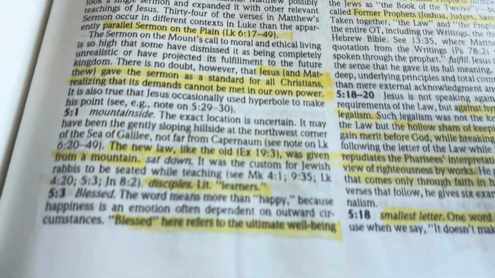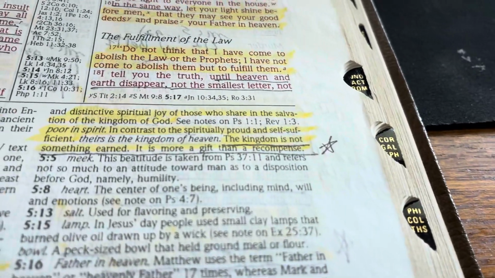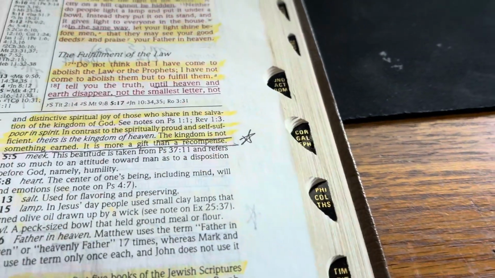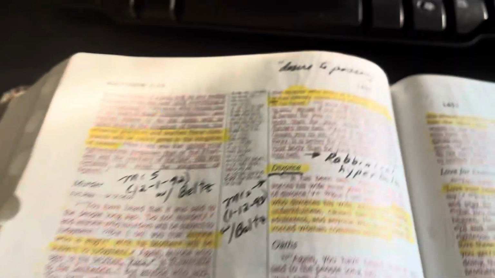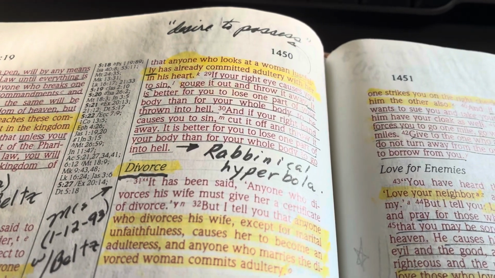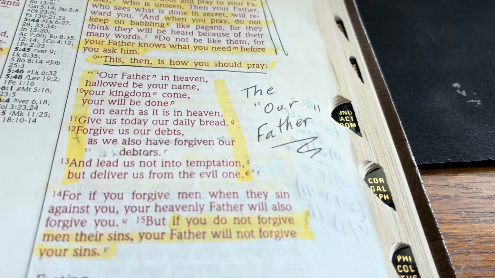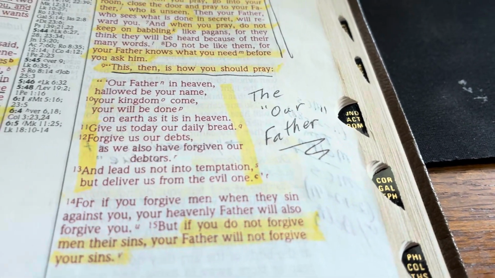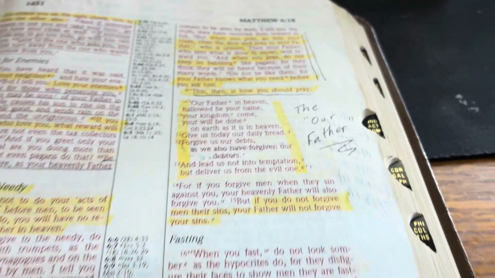So what is that for? Matthew 5:3. Okay. Here's a bunch of notes right here. The Our Father, referencing the Lord's Prayer in Matthew chapter 6 out there.